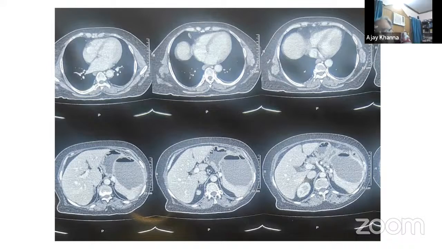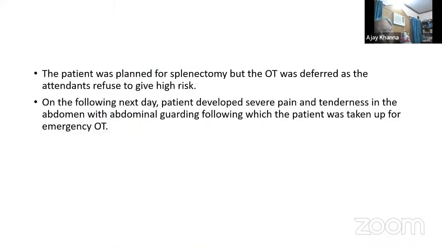The patient was planned for splenectomy, but the OT was deferred as the attendants refused to give high risk consent. On the following day, the patient developed severe pain and tenderness in the abdomen with abdominal guarding, following which the patient was taken up for emergency surgery.